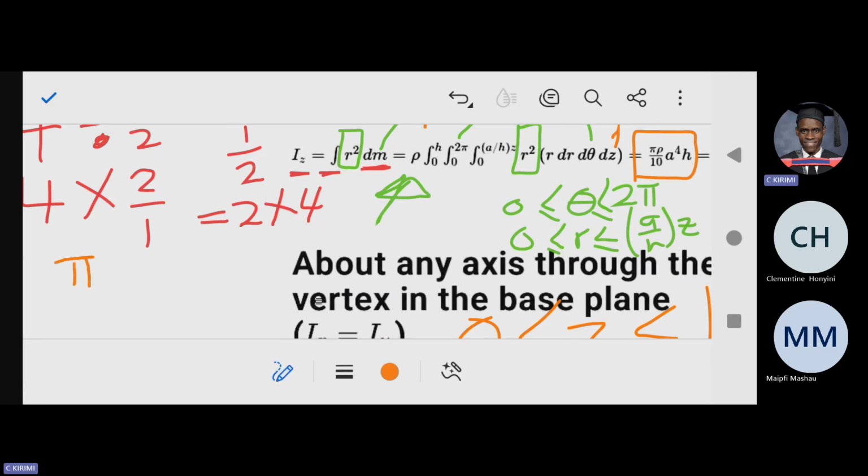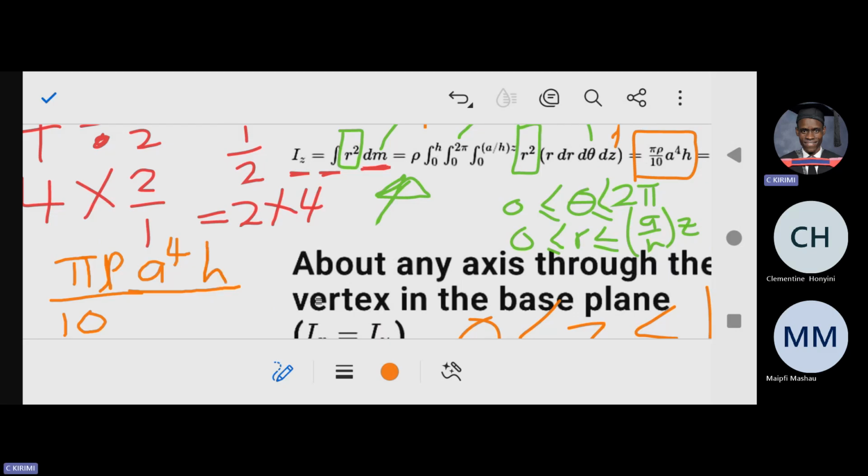When you integrate correctly, rho p divided by 10 is on the denominator, and on the numerator you are multiplying by a to the power 4, and there is an h there.